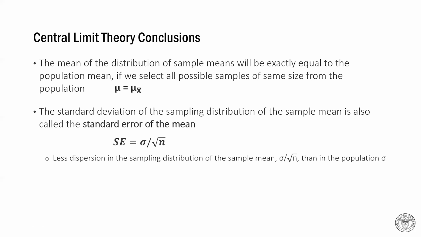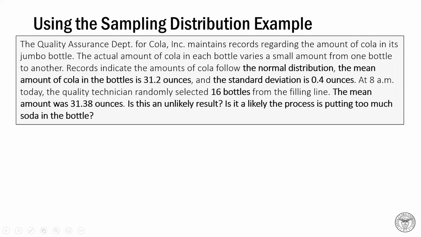Following the definition of the z-score, we have z equal to x bar minus mu over sigma divided by square root of n. We now demonstrate how to utilize the estimate of sampling distribution of sample means.